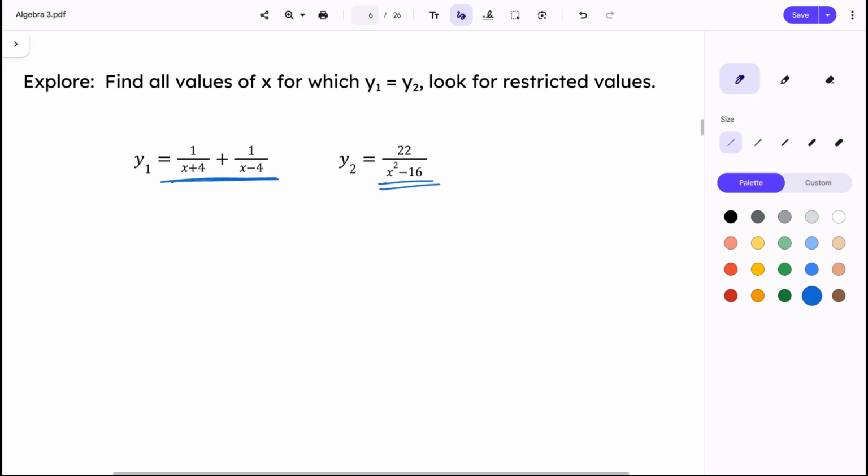What I'm trying to do is set them equal to each other and figure out what x needs to be in order for that to work out. So if I were to plug in an x value and simplify it, when would they equal the same thing? So I'm first going to rewrite it so that I'm setting y1 and y2 equal.